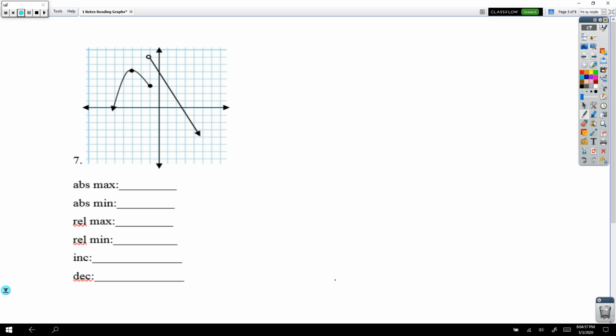Now, this has arrows going down and down. So normally that would make me think, okay, this is going to have an absolute high point. But the issue is this closed dot. Okay, so there's no absolute maximum because we can keep getting closer and closer and closer to that dot. So if I were to try and say that 7 was the absolute maximum, right?